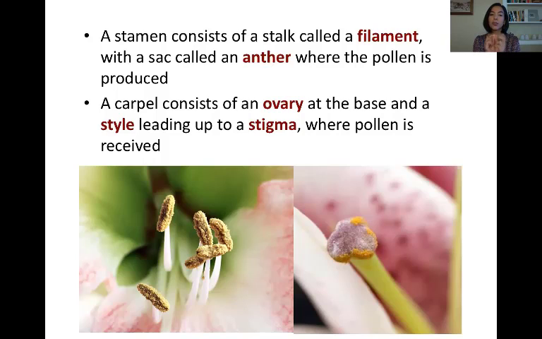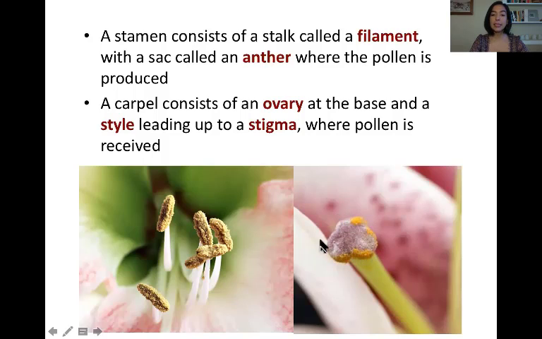If the pollen is not recognized as the same species, or if it might be too similar, there are some species of plants that detect if the pollen is from the same plant, and they don't like to have selfing, so they don't let this pollen grow. So there are some molecular mechanisms that prevent selfing or crossing with other distantly related species.